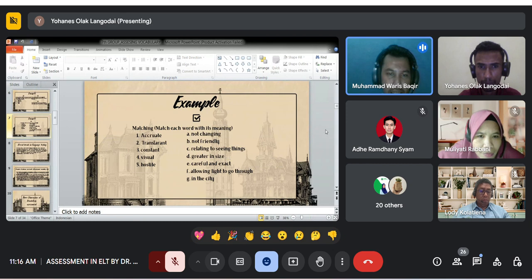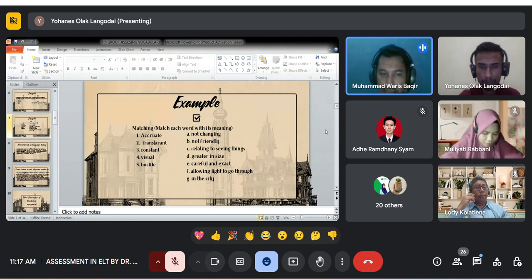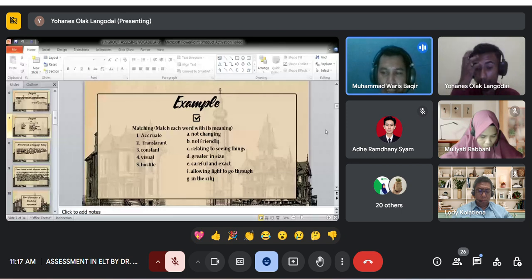So this is another example, matching. In my experience, after I give the vocabulary, I also give matching, asking what the word is.